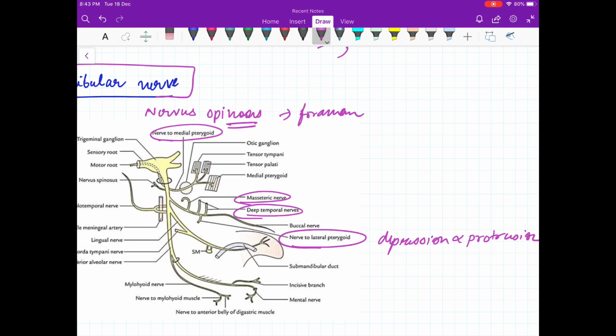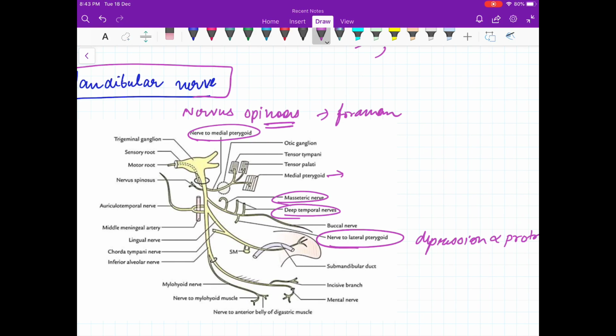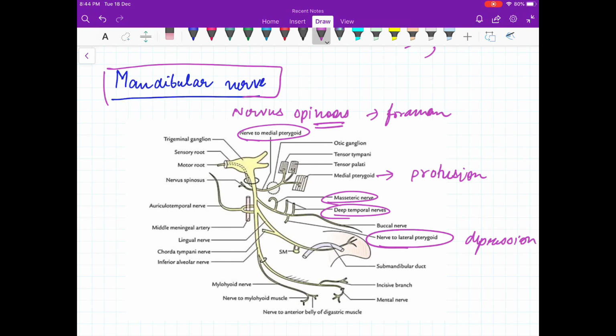And medial pterygoid causes protrusion of the mandible, and it lifts the mandible. The branch to the medial pterygoid comes from the trunk of the mandibular nerve.